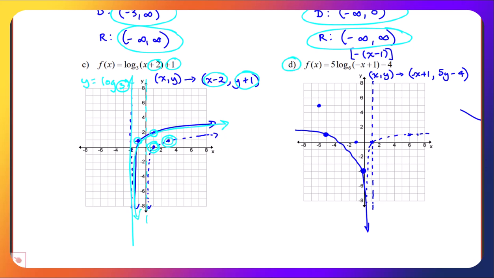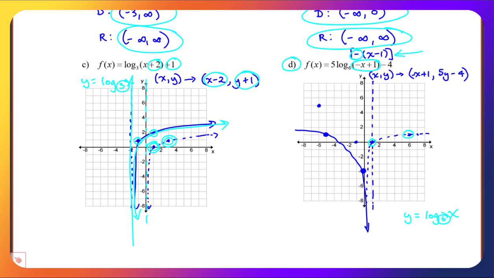D is the tough one. Here's what they give you here. If I write it this way, it's still -x plus 1, but this way I see the flip and the shift separately. It's kind of hidden, so we have to be careful. Okay? So again, our parent function is y equals log base 6 of x. Here's our point (1, 0), and our point (6, 1) because of the base of 6.